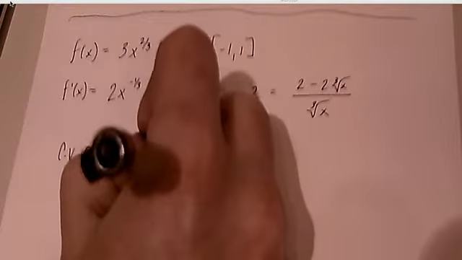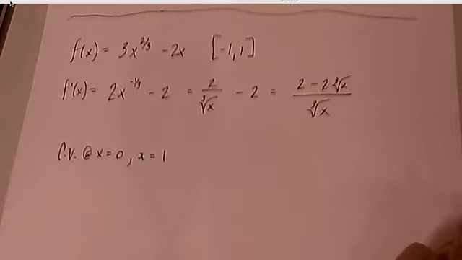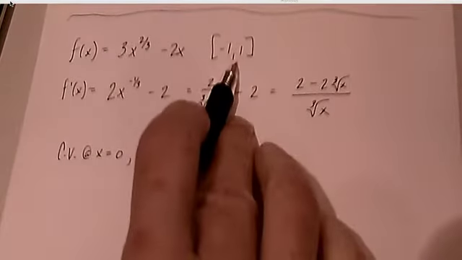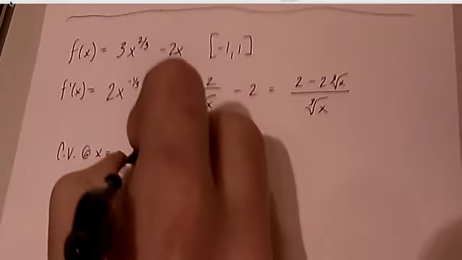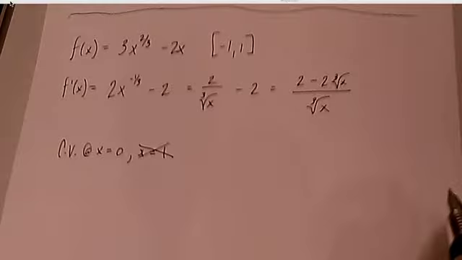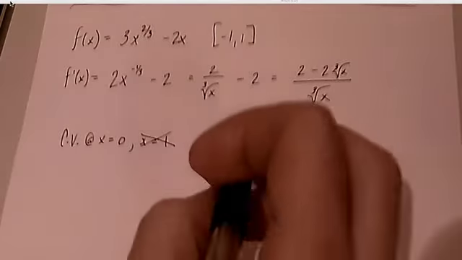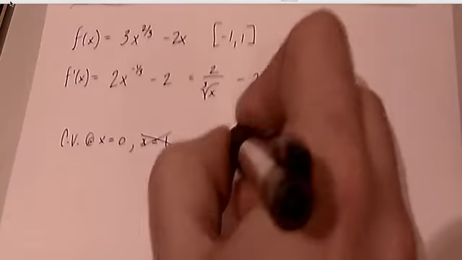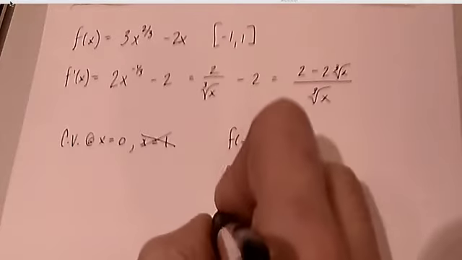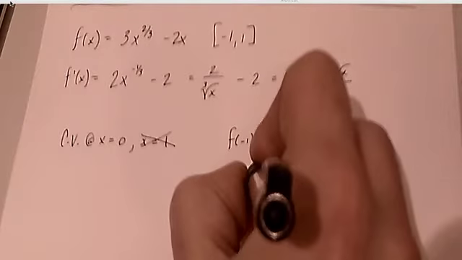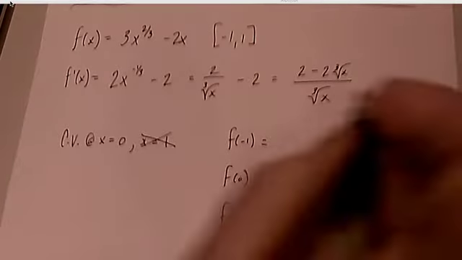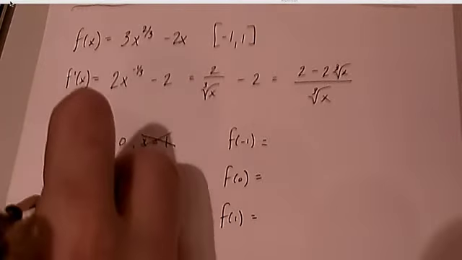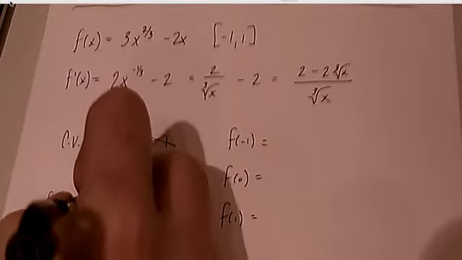So I have critical values at 0 and 1. I was already going to evaluate 1 because it's the endpoint, so I don't really have to worry about that because of the interval. All I have to do is evaluate f of -1, f of 0, and f of 1, and then just compare them. It might be a good idea, if this helps with your thinking.